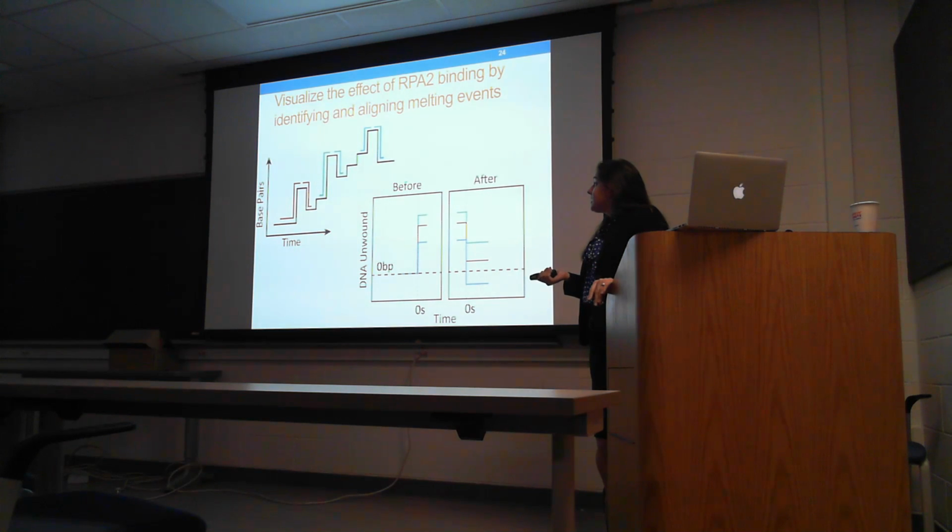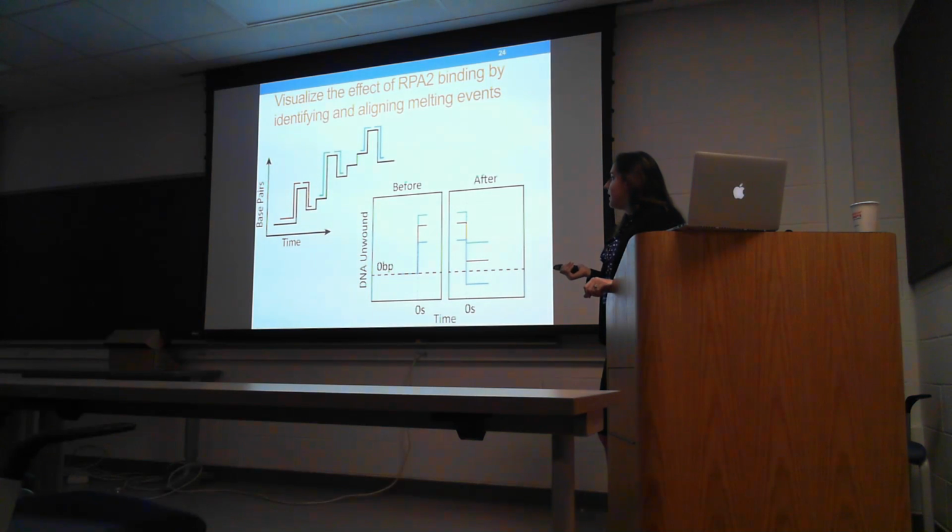So to visualize this effect, I picked out each blip during unwinding, and I aligned the before and after. I aligned both the before and after to set the initial DNA unwound to be 0.